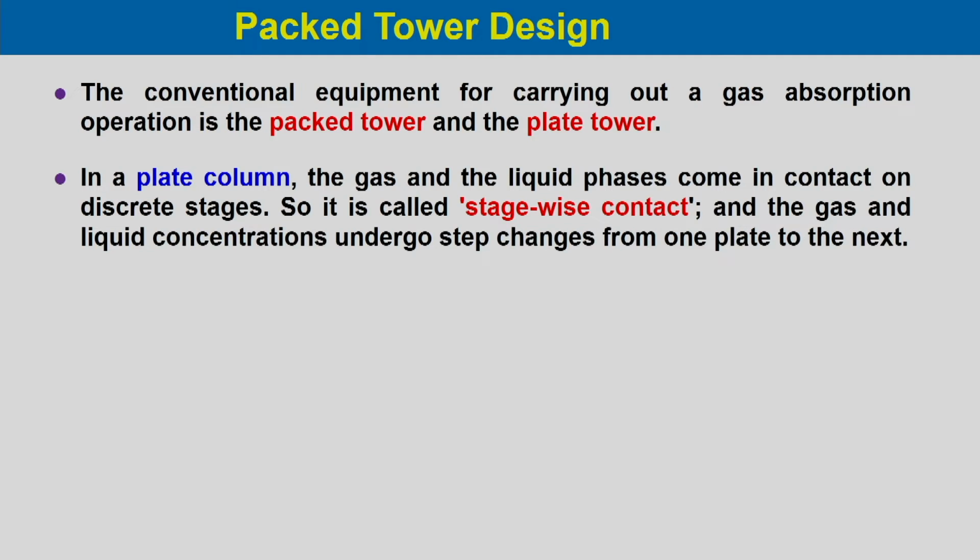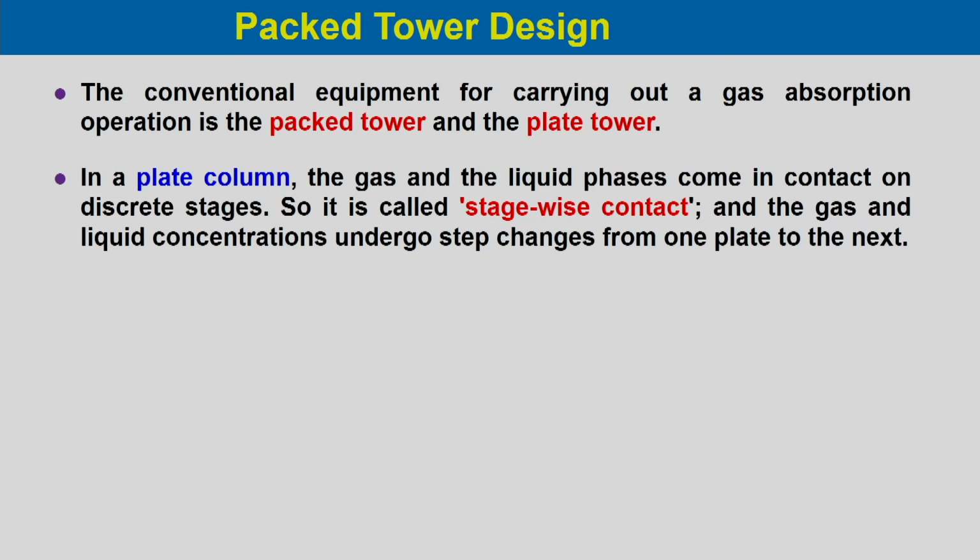Again the mass transfer will happen at the next stage when there is gas and liquid contact. That is why in a plate column the contact of the gas and liquid is discrete, and hence it is called stage wise contact, and the gas and liquid concentrations undergo a step change from one plate to the next plate.